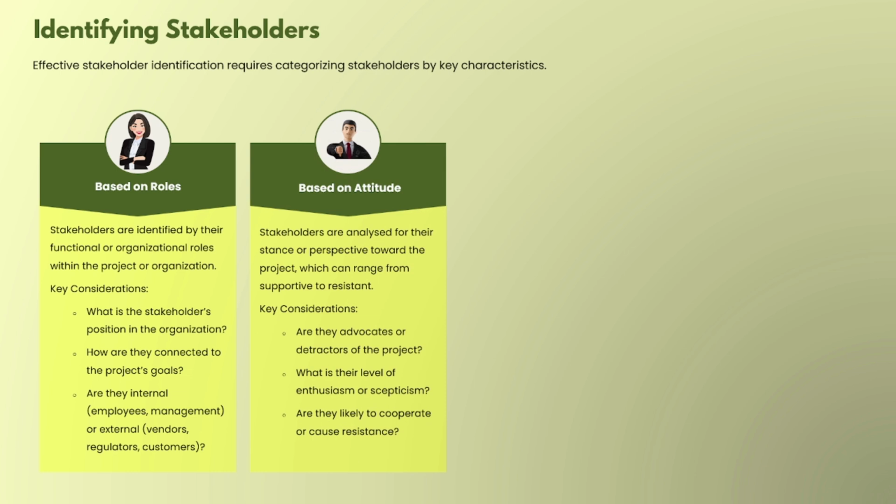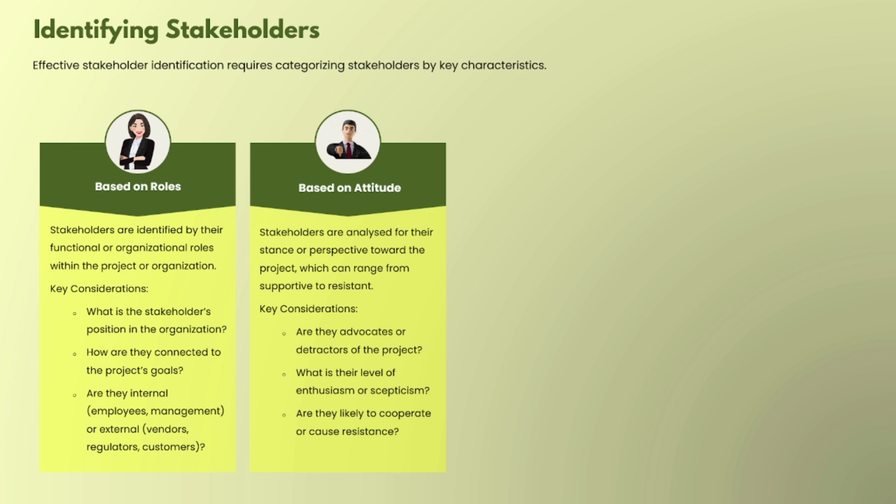Now the next is based on attitude. Well, this is a very interesting characteristic. Here, stakeholders are analyzed for their stance or perspective towards the project, which can range from supportive to resistant. It means in the industry, you will find such people, those who are supportive and those who resist the change.